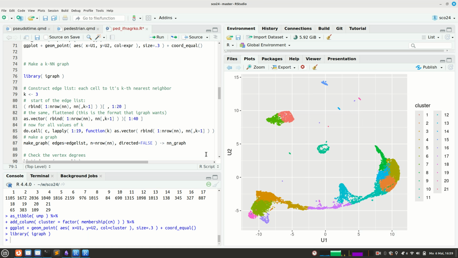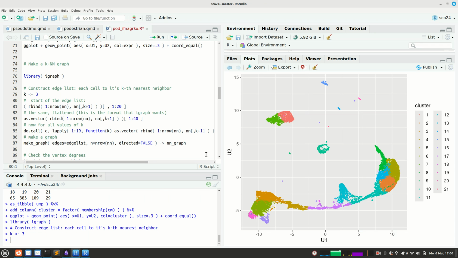And now let's construct this graph. For this I have to make an edge list which connects each cell with its 20 nearest neighbors. So let's start with connecting each cell with its third nearest neighbor, k is 3, and then we will connect it also with the nearest, the second nearest, the third, the fourth, and so on.